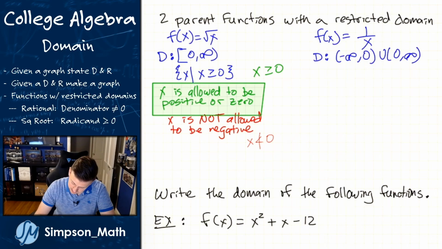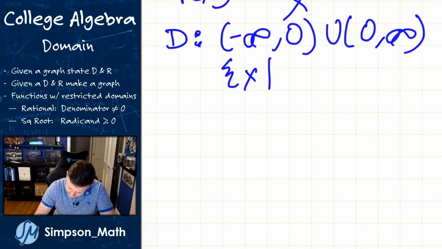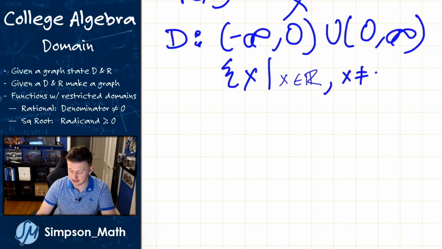Whereas the set notation is x such that x can't be 0. Now, there is an implied, the full name would be to say that x is an element of the real number set, so we're saying where x is, and then we exclude, saying, oh, but x is not 0.